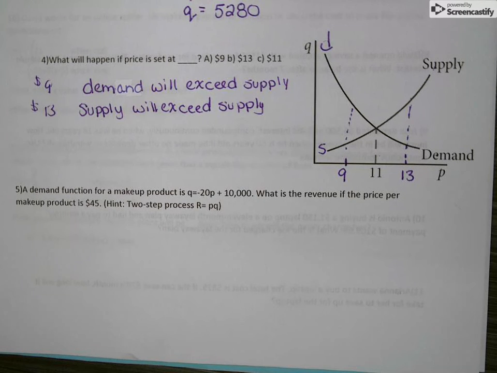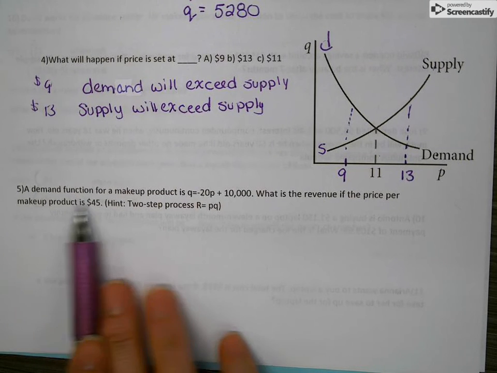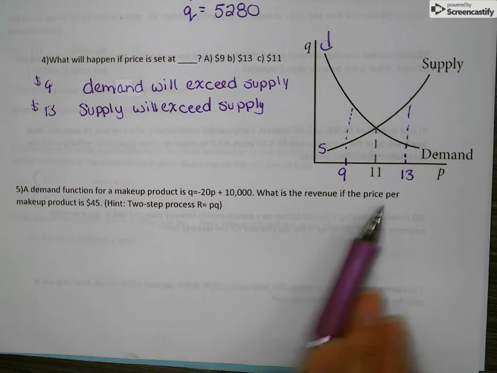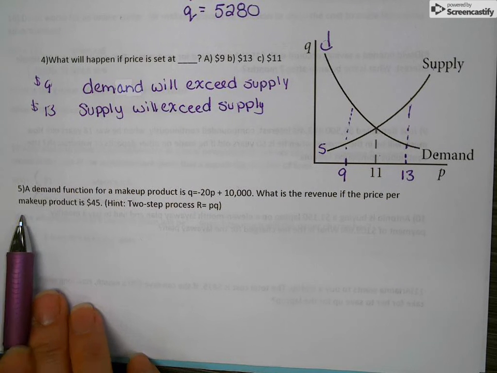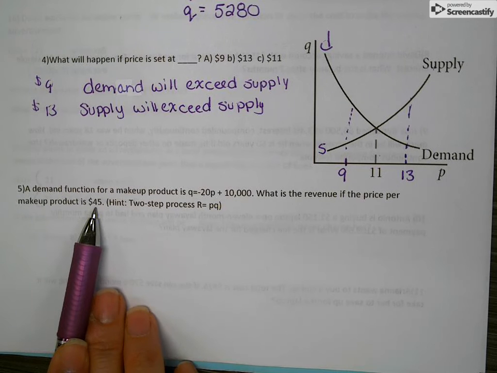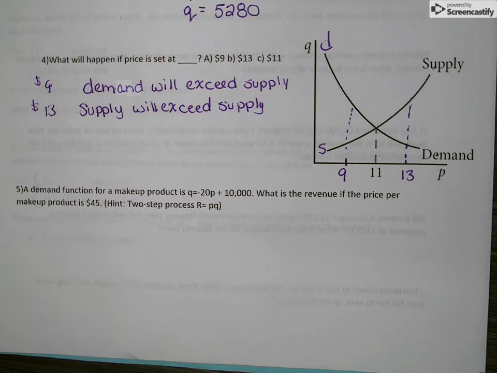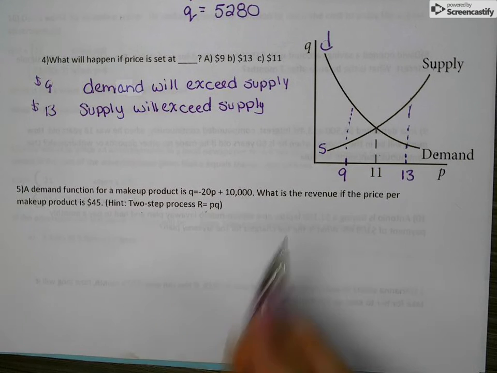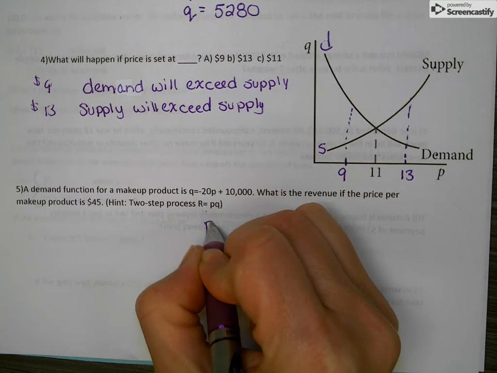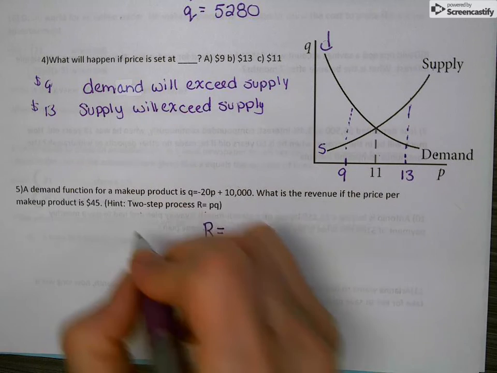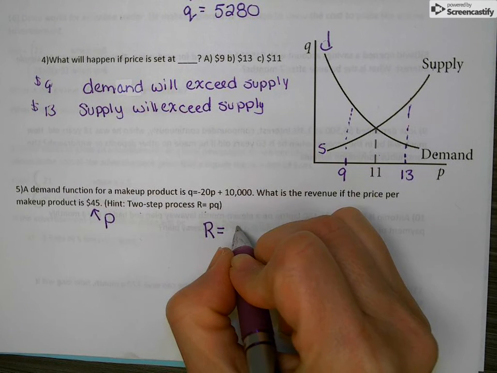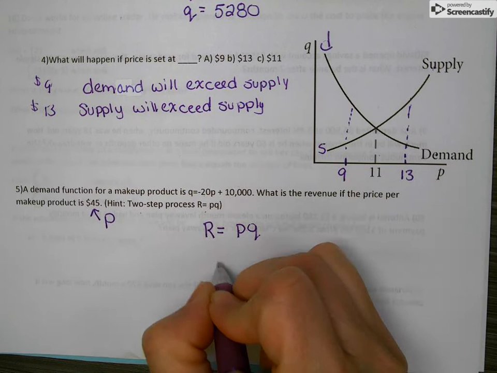Number 5, a demand function for the markup is this. If the revenue with the price per makeup product is $45. Let's see. Hint: two-step process. Revenue equals price times quantity.